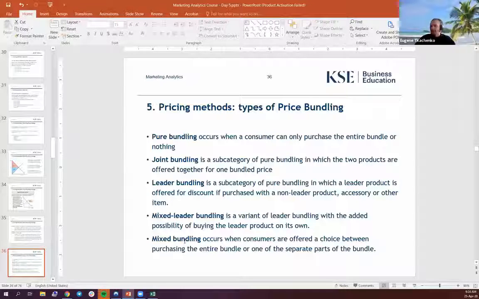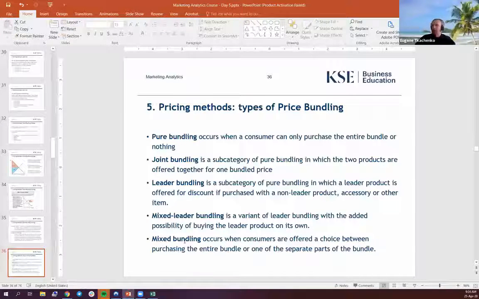Leader bundling is a subcategory of pure bundling in which a leader product is offered at a discount if purchased with a non-leader product, accessory or other item. In this case, you buy this product and at the same time you get, let's say, a 20% discount on a supplementary product.